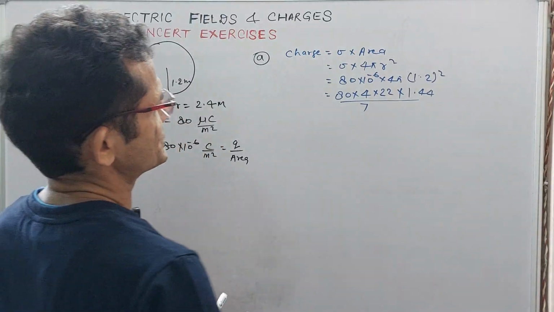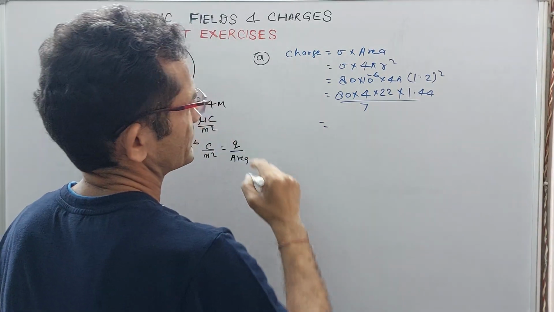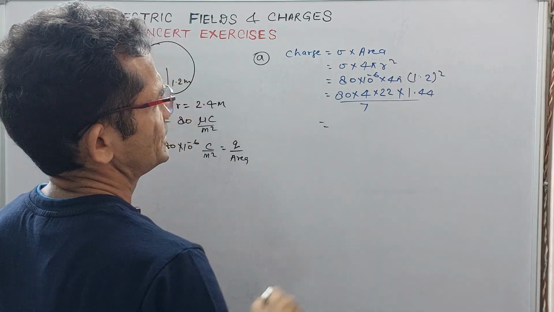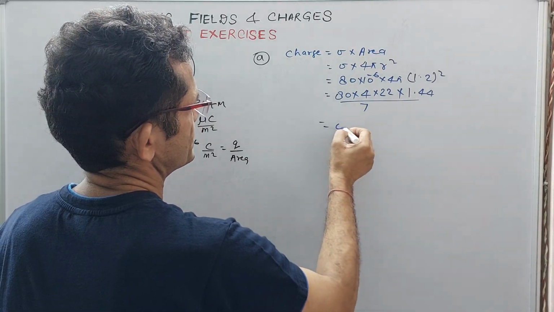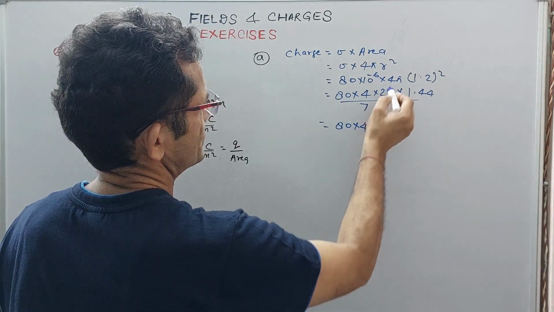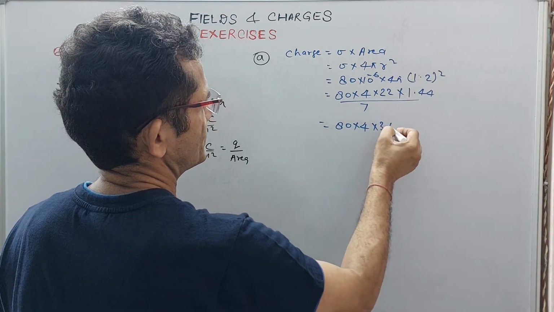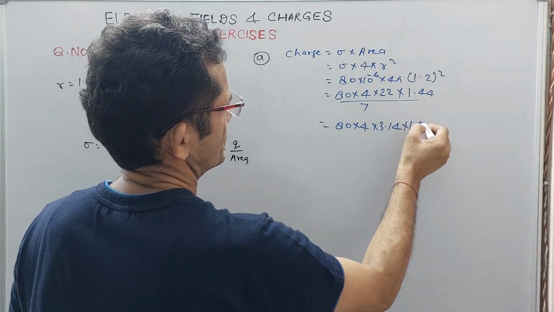Now if I simplify this one, 22 by 7 is 3.14, 80 into 4 into 3.14 into 1.44.